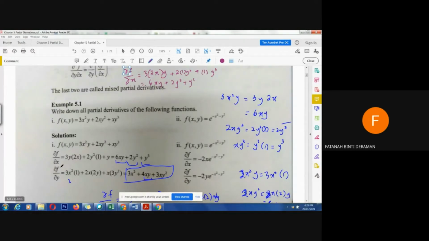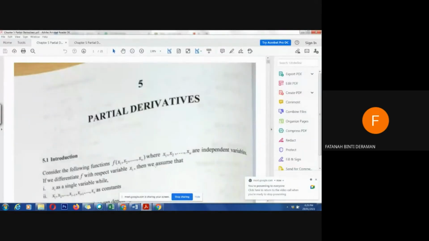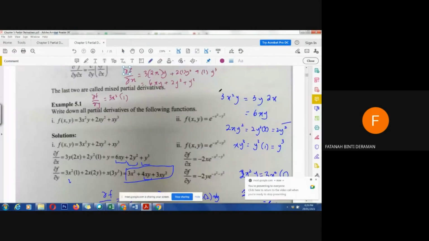Then if we differentiate with respect to y, x will be constant. So what we will have here is df dy equals, so y, differentiate y, the rest is constant, just copy. Differentiate y, we will get 1. Plus, differentiate y squared, first we copy the constant, and differentiate 2y squared.